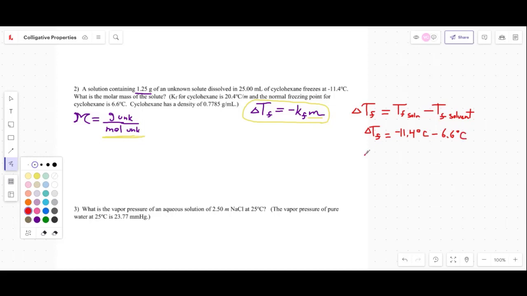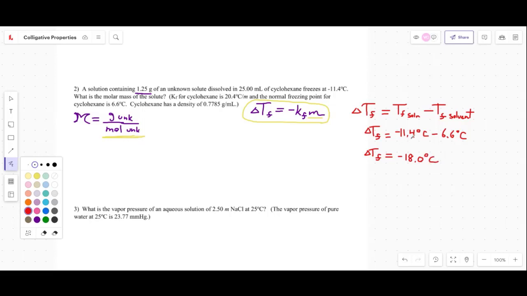Delta TF, then, if you take negative 11.4 degrees Celsius minus 6.6 degrees Celsius, is going to give you negative 18.0 degrees Celsius with appropriate sig figs.